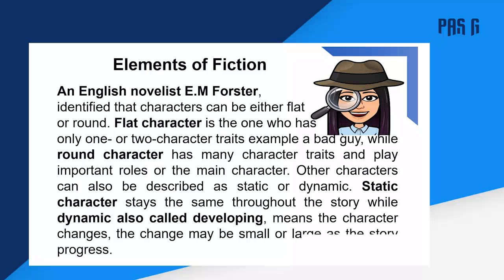Other characters can also be described as static or dynamic. A static character stays the same throughout the story, while a dynamic character, also called developing, changes. The change may be small or large as the story progresses.